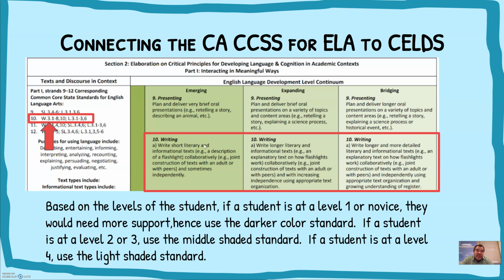If you have students who are at a level 2 or a level 3, we would be using the expanding standard or the lighter color standard. And then students who are performing at a level 4, we would use the lighter color standard. So let's just take a look at the middle standard and have a look at it.